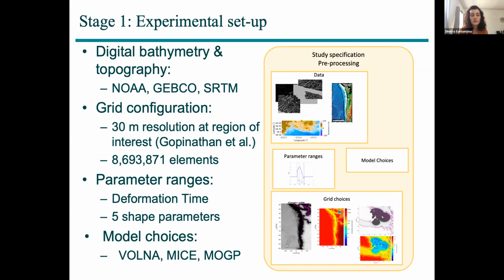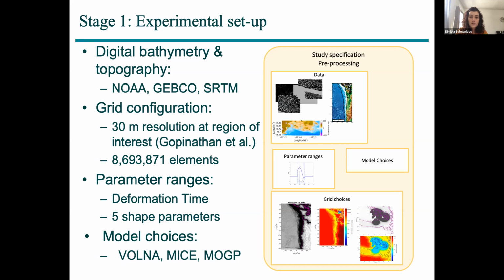So for this reason, we are using some algorithms that were developed by a colleague of mine, Devares, and I'm going to give the reference later. The other aspect that we need to consider is what kind of parameters we are going to use for the modeling. And for this case, we're using a cosine function to describe the shape of the deformation. And we're also using the time of the deformation. The ranges of the parameters are also quite important.